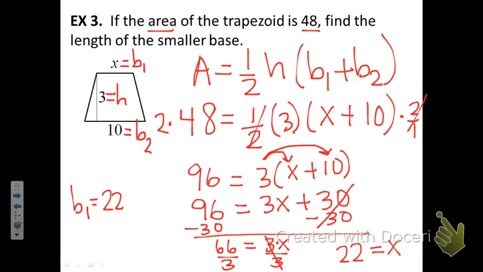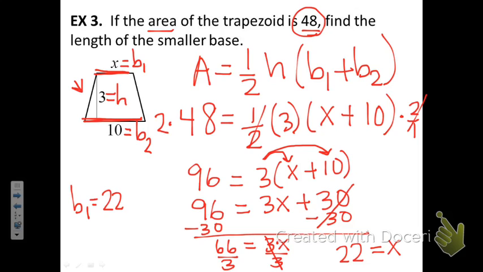If you look at our trapezoid, it does not look like it matches. Like this side is 22, but this side is 10. So I would say, according to the information that we were given, that the area was 48, that this drawing was not done correctly, and we could fix that if we needed to.